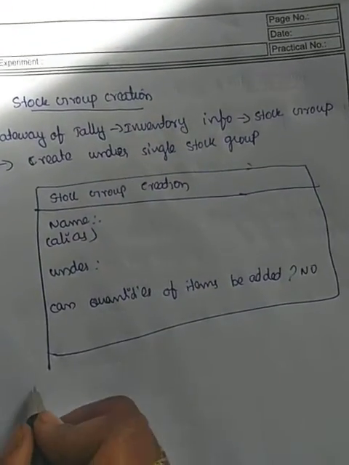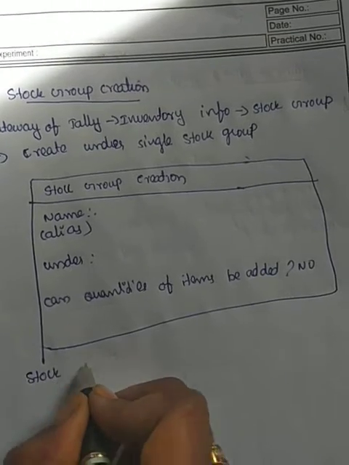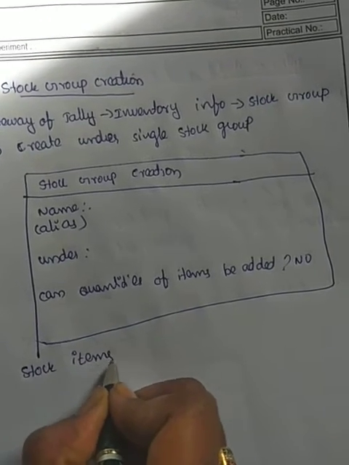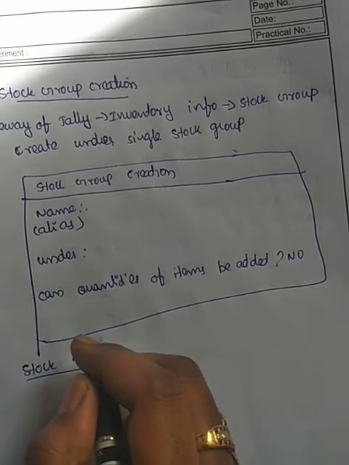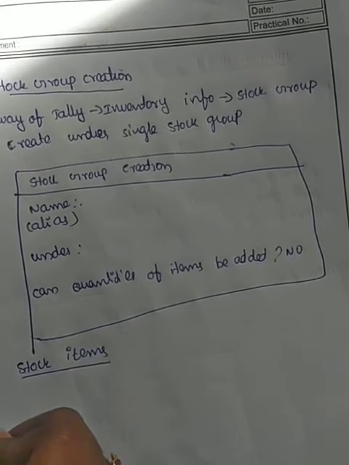Then next is creation of stock items. How to create the stock items in Gateway of Tally?